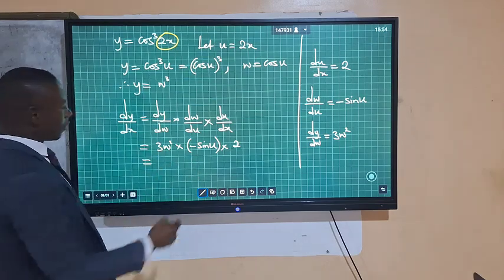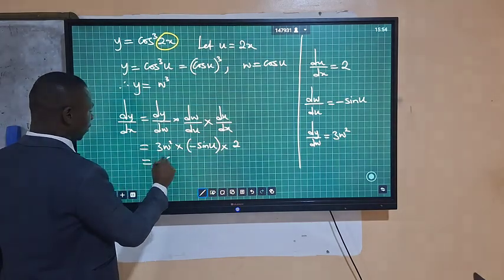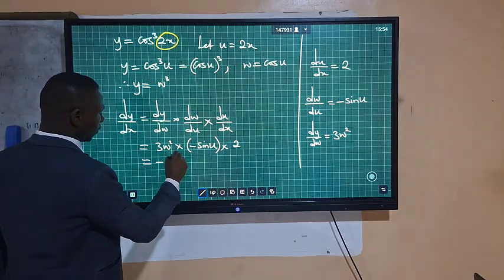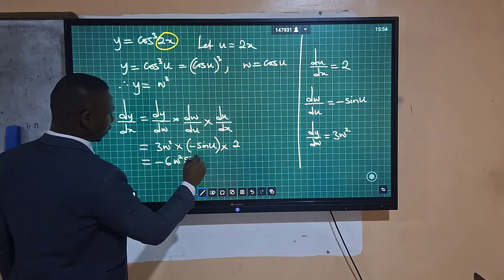When simplified further, we have minus 6w sine u.